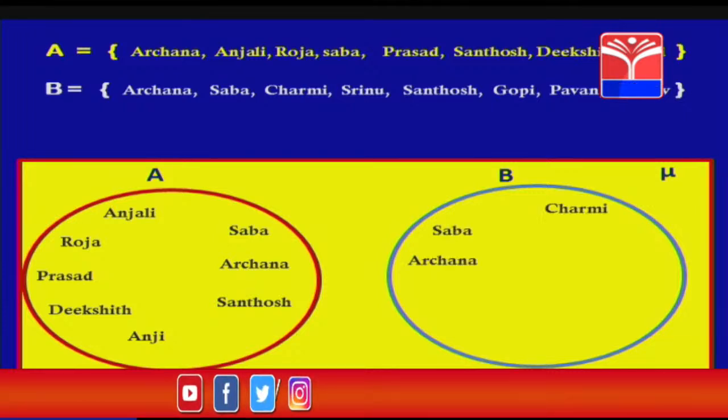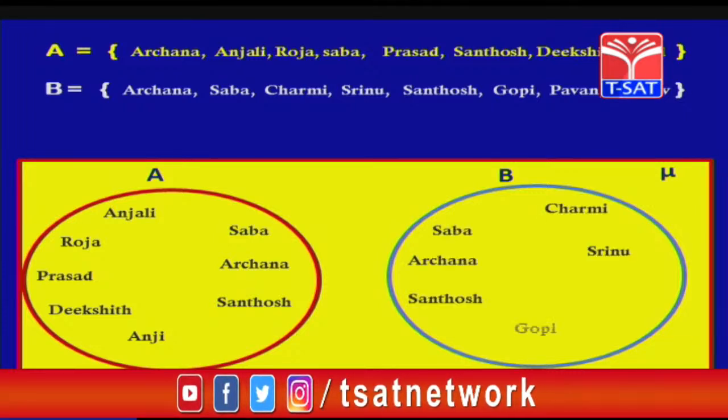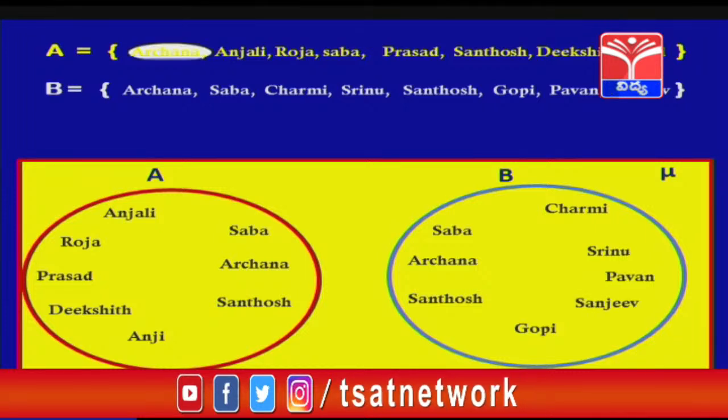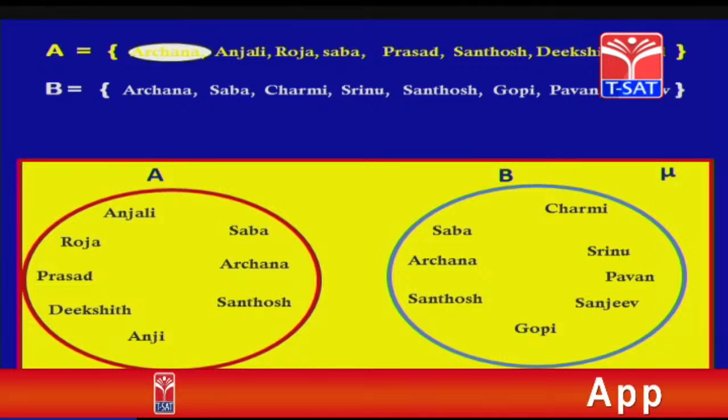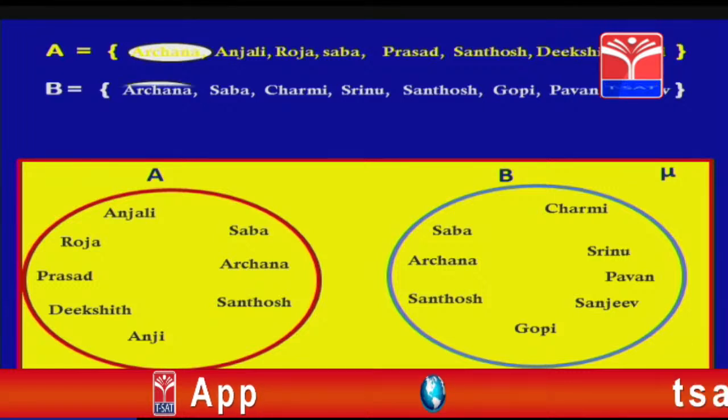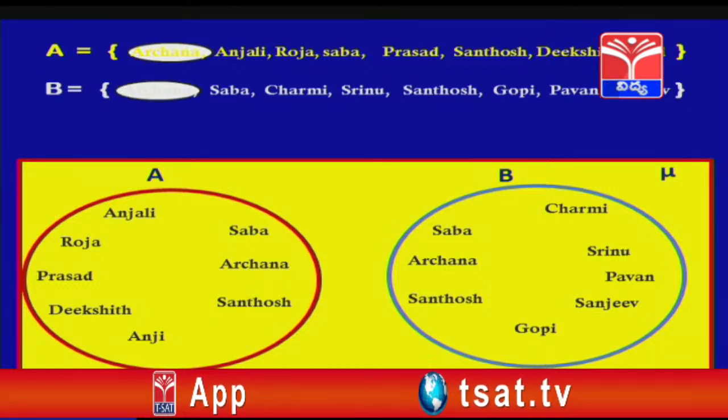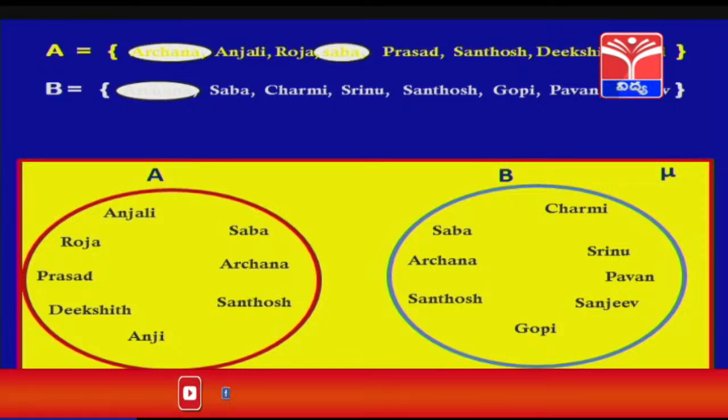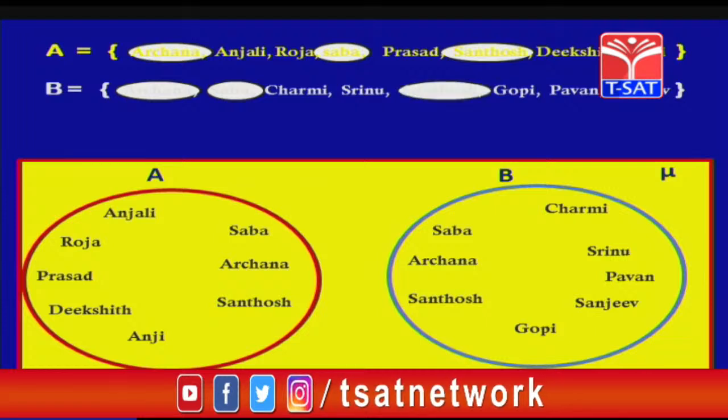You see set B. I have arranged them in such a way. Now you see the blinking ones: Archana, Sabha, then Santosh. These are the common elements in both sets.